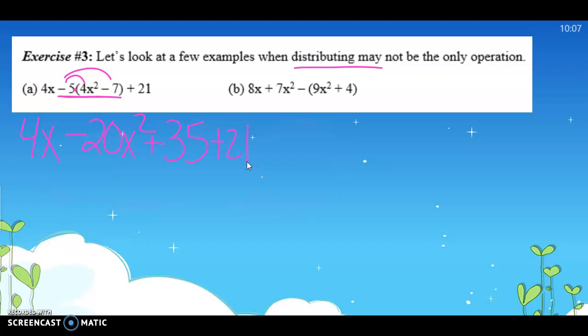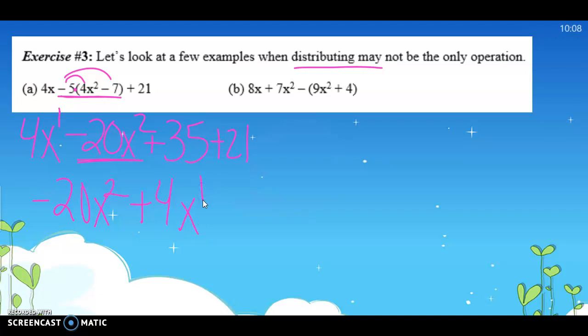I got to find like terms here, but I got to also write it in standard form. Remember that standard form puts the largest exponent first. So this is going to be -20x squared. Why? It has the largest exponent, nothing else like it. Next largest exponent is simply the 1, x to the first power, which also has no other things like it.